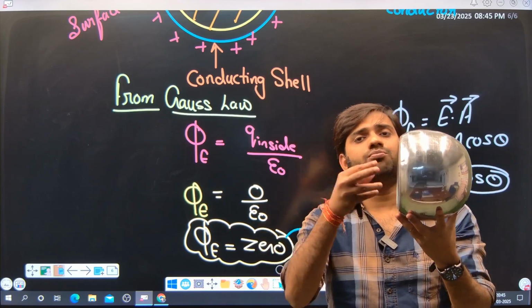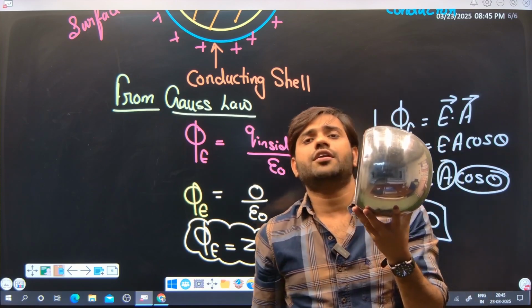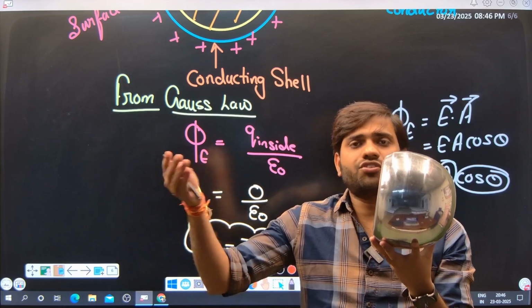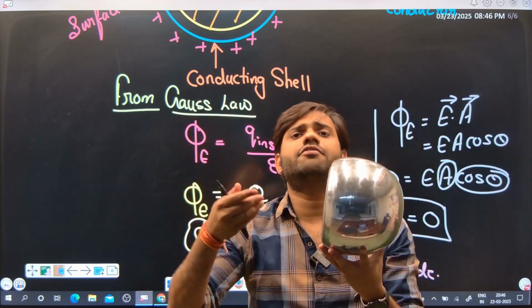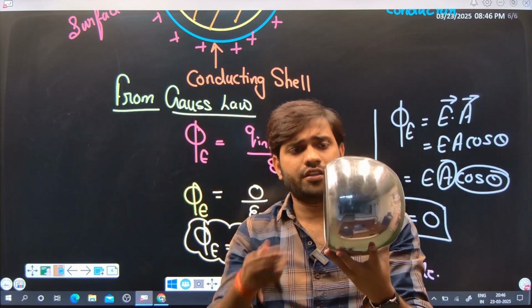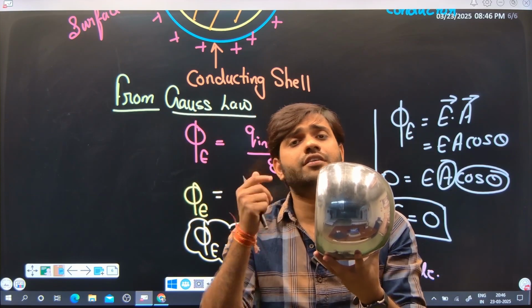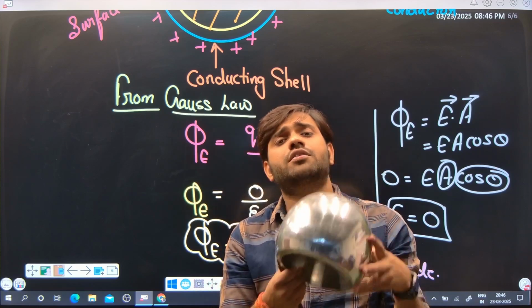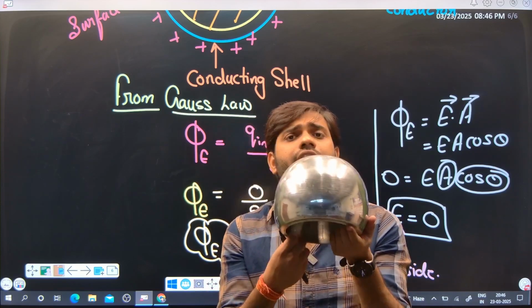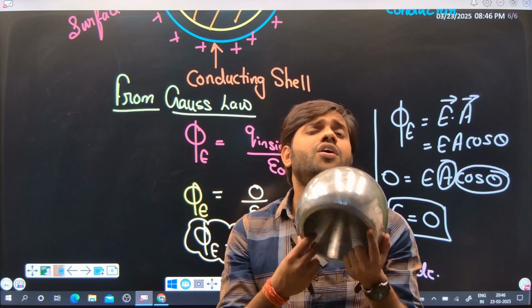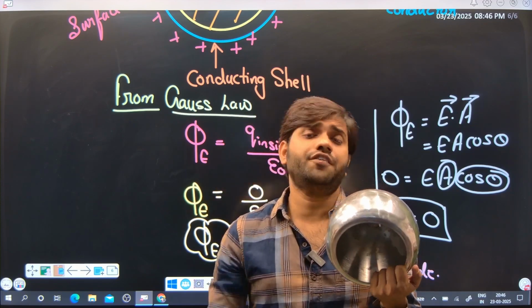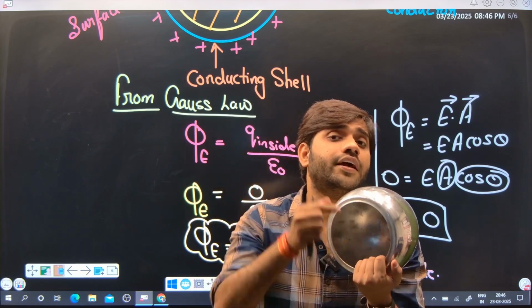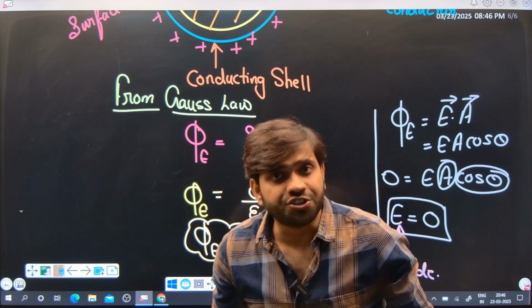If I keep a mobile phone inside this conducting body, the electromagnetic wave will not enter inside this cell because the electric field inside is 0. So it cannot enter. Hence your telephone connection will get disconnected inside any cell, a spherical cell or any type of cell, any shape. If you are inside, you will feel that the electric field is 0.